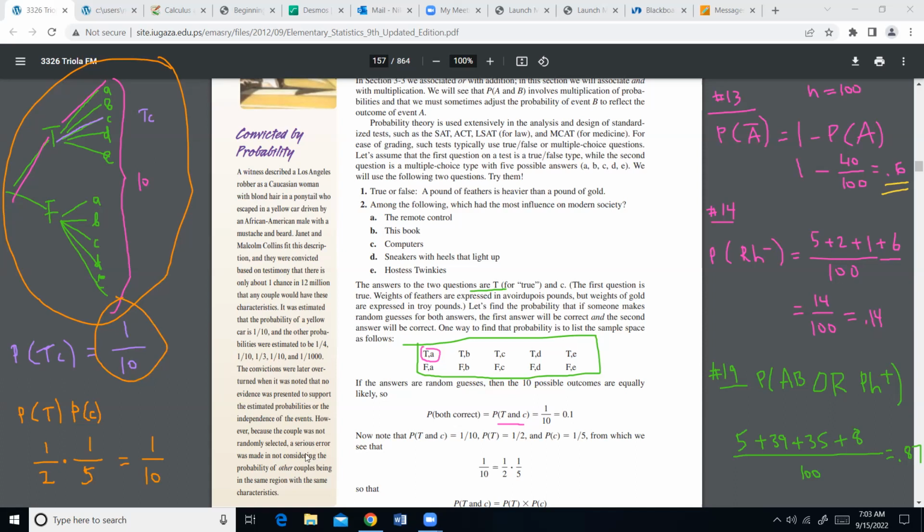So the point of the story was that you don't have to list all of the possibilities like you did before. You just multiply 1/2 by 1/5. And that's much faster. And that actually works for those examples where you cannot possibly list all of the possibilities. Why not? Because there are usually just too many of them.